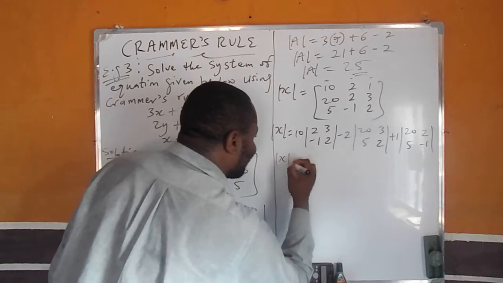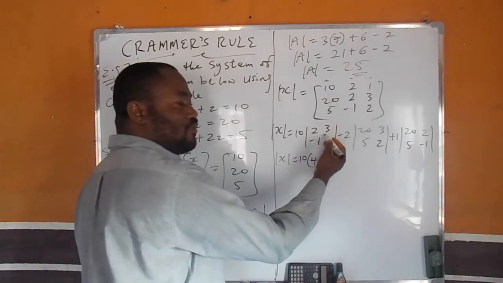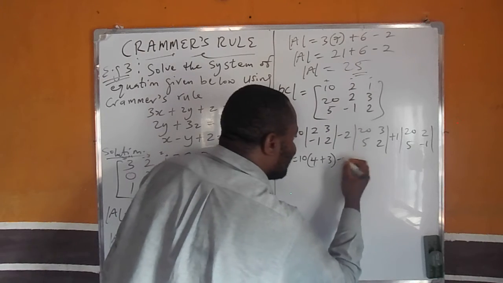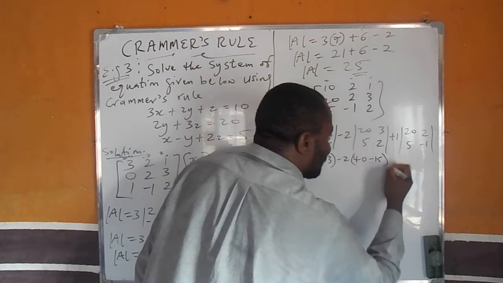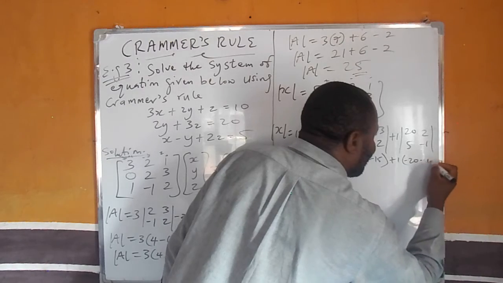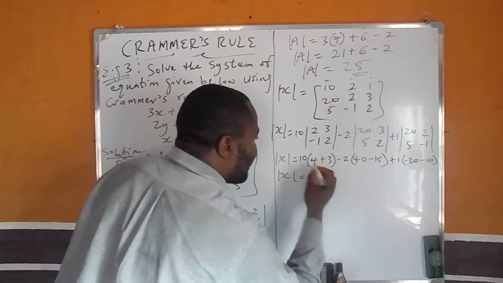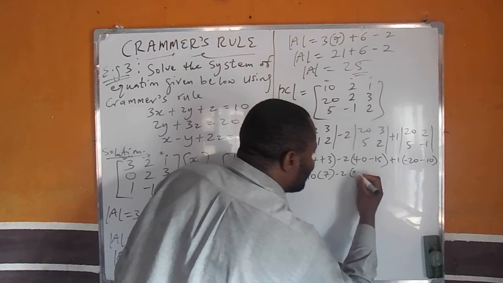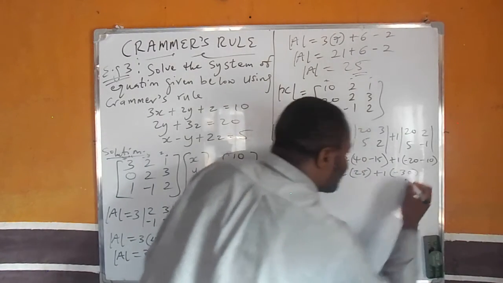Then we say the determinant of x equals 10 in bracket 2 times 2, 4. There is an invisible minus. The invisible minus times minus here will give us plus 1 times 3, 3, -2, bracket. 20 times 2, 40, minus 15, plus 1 in bracket, -1 times 20, -20, -10. x equals 10 in bracket 4 plus 3, 7, -2, 40 minus 15, 25, plus 1 bracket, -20 -10, -30.